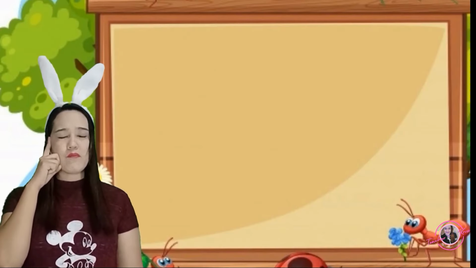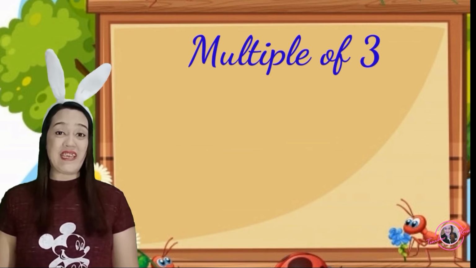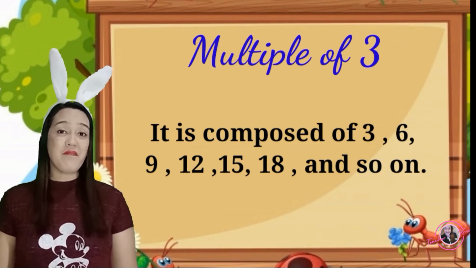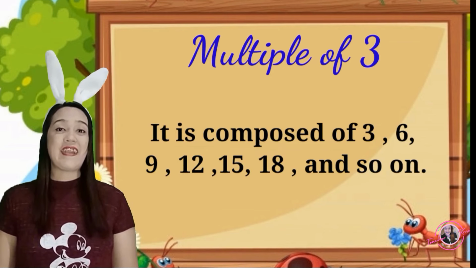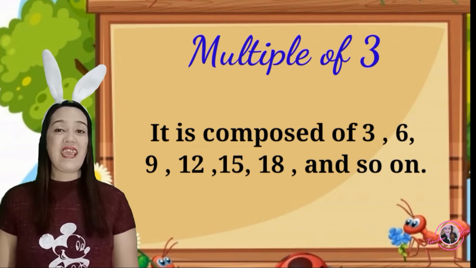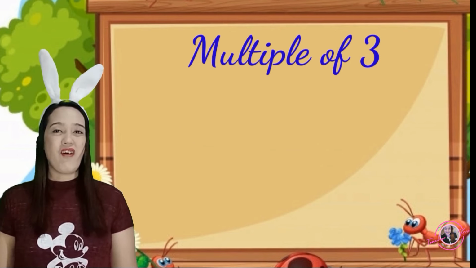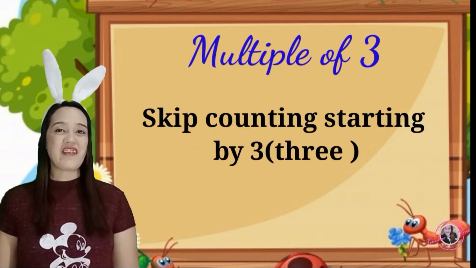How about multiple of 3? When we say multiple of 3, it is composed of 3, 6, 9, 12, 15, 18, and so on and so forth. Or skip counting, starting by 3, those are multiples of 3.